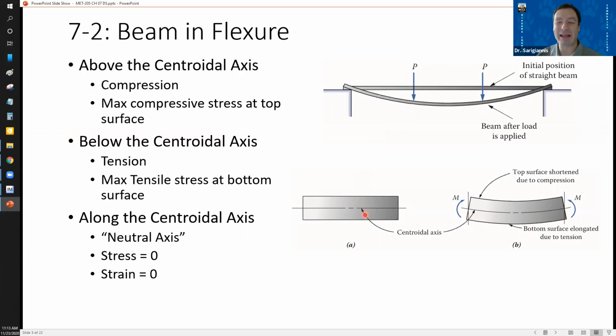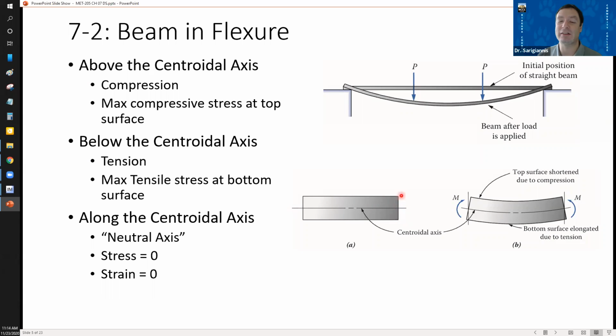And we can look at a beam and we can divide it into two regions. First of all, that work you did on locating centroids is important because along the centroid of an object is this centroidal axis. So we would have located the centroid based on the cross-sectional area, right?